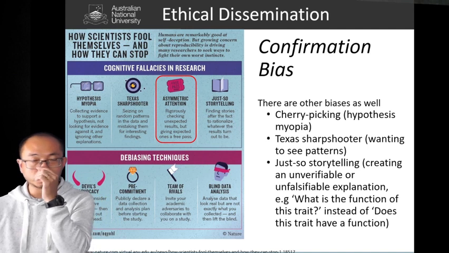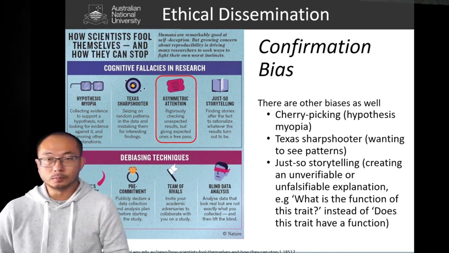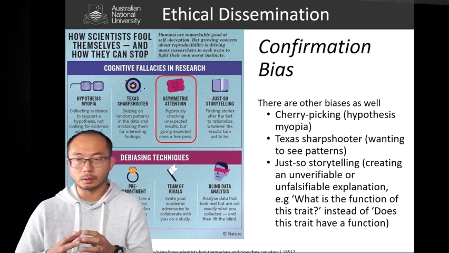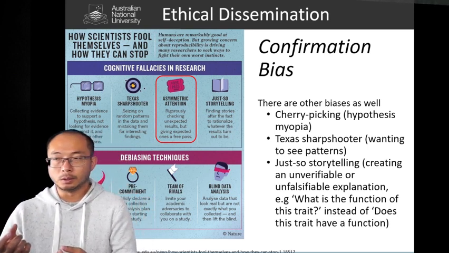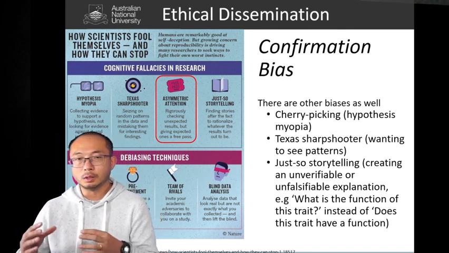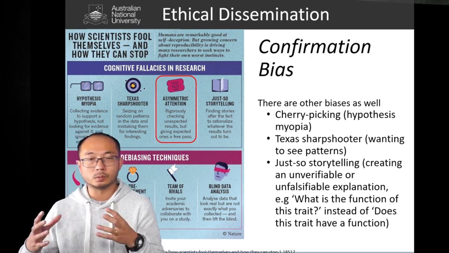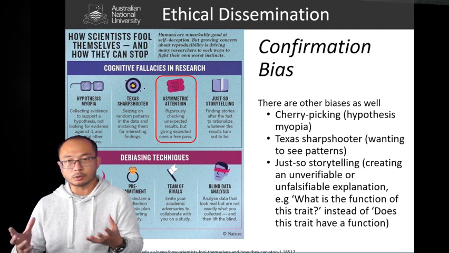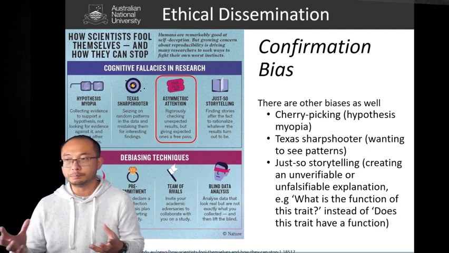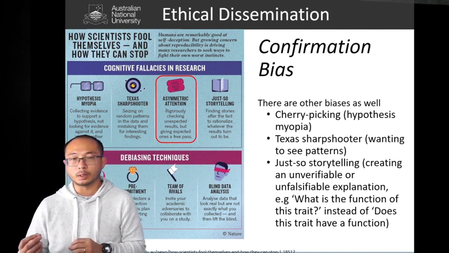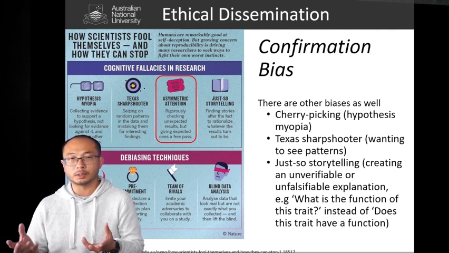So when someone goes out to look at a specimen and looks at vestigial features or vestigial structures or some unique structure, unique organ, any part or a trait of an organism, they tend to ask what the function of a trait is.